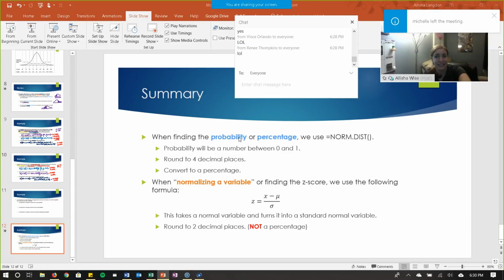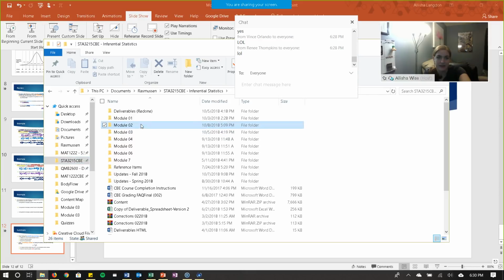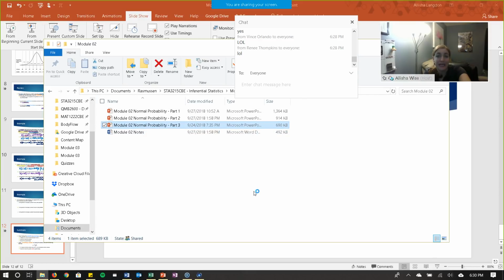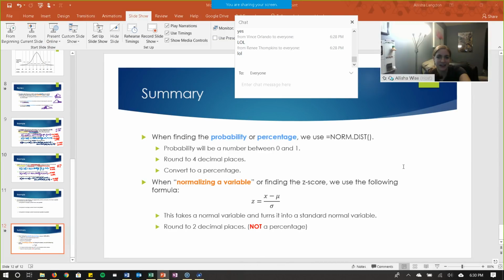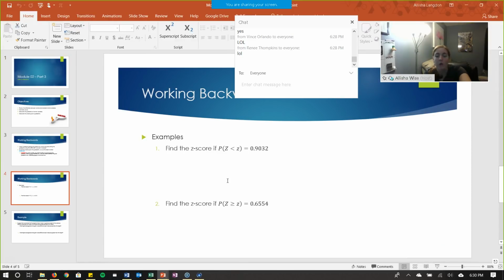Let's look up what we're going to talk about because my memory is not that great. In part 3, I was thinking of module 3, sorry about that. We're going to find the z-score given a probability. So we will work with what happens if you're given a probability and you have to come up with the z-score. We will work on that on Wednesday.